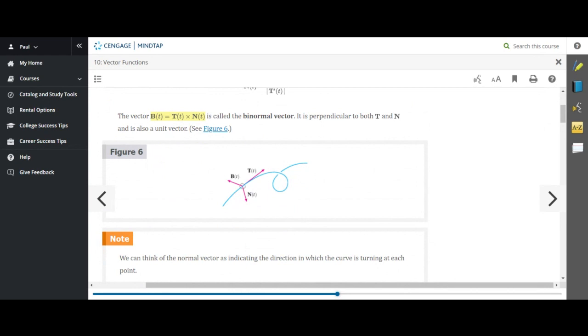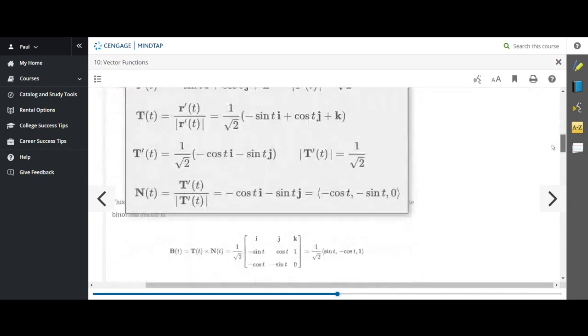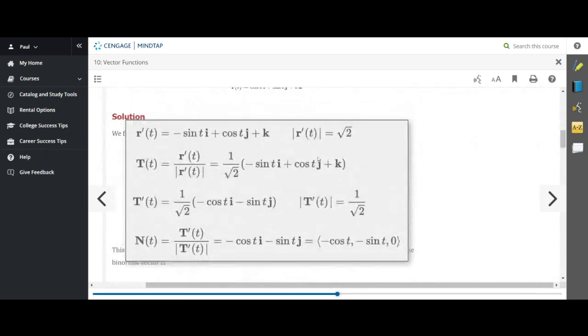So the tangent vector, and let me just see one thing here. Yeah, in example 6, there's the tangent vector. There it is. Okay.